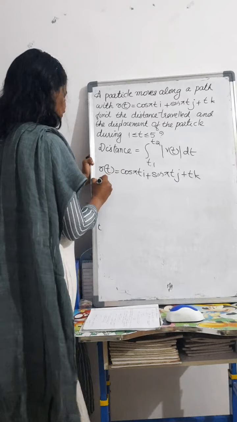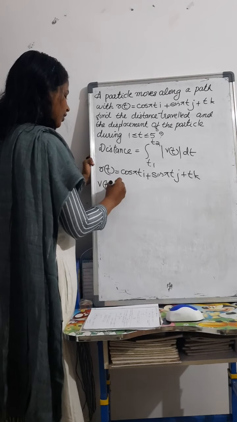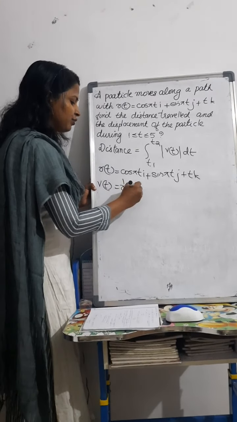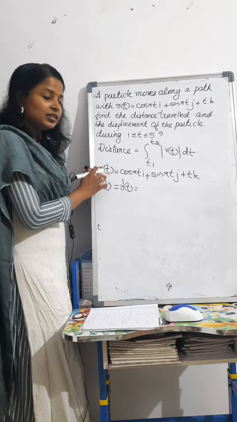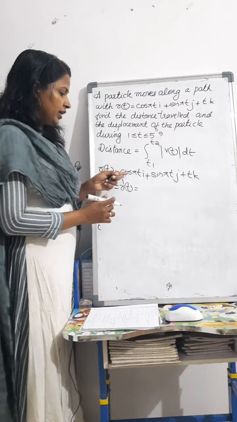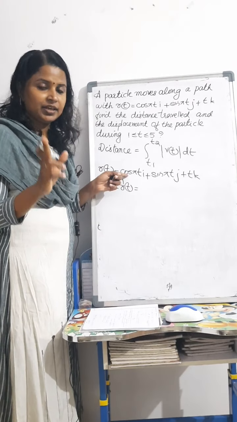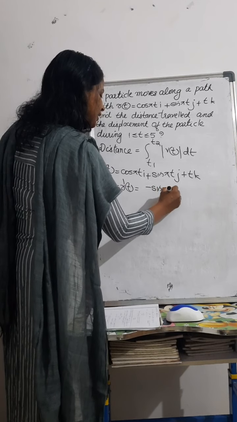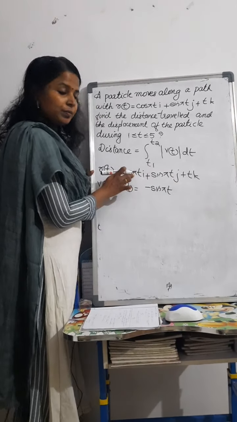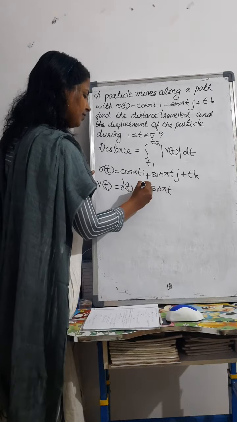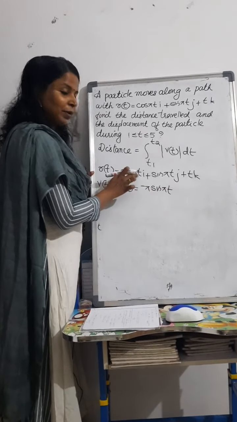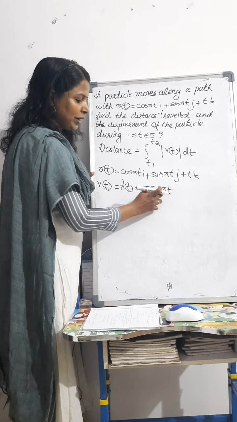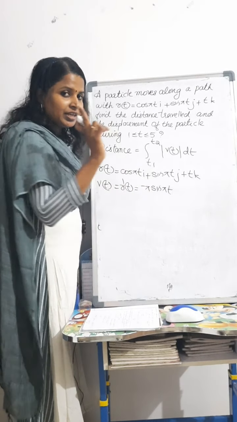Then v of t is denoted as r dash t. Derivative of r of t is the velocity. So the derivative of cos pi t is minus sin pi t into pi, the derivative of pi t being pi.